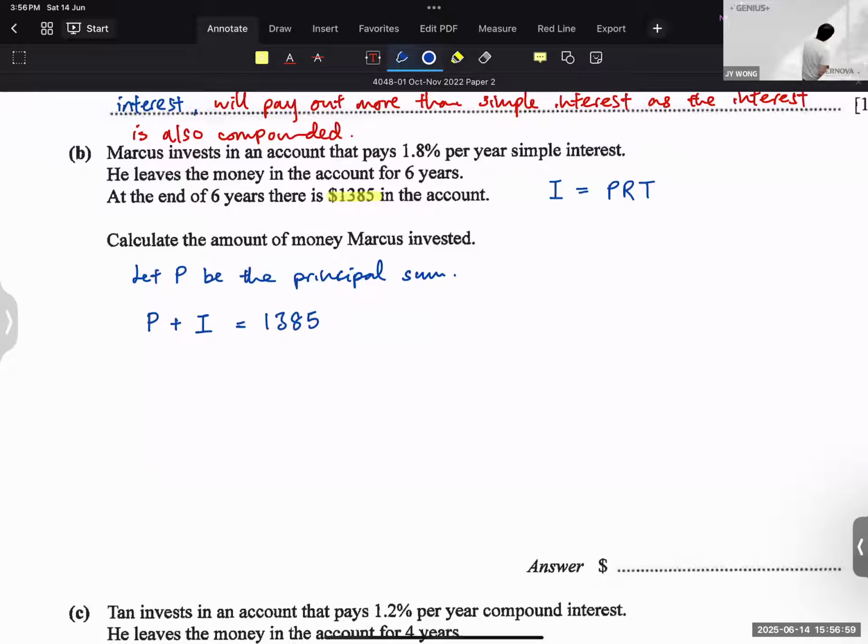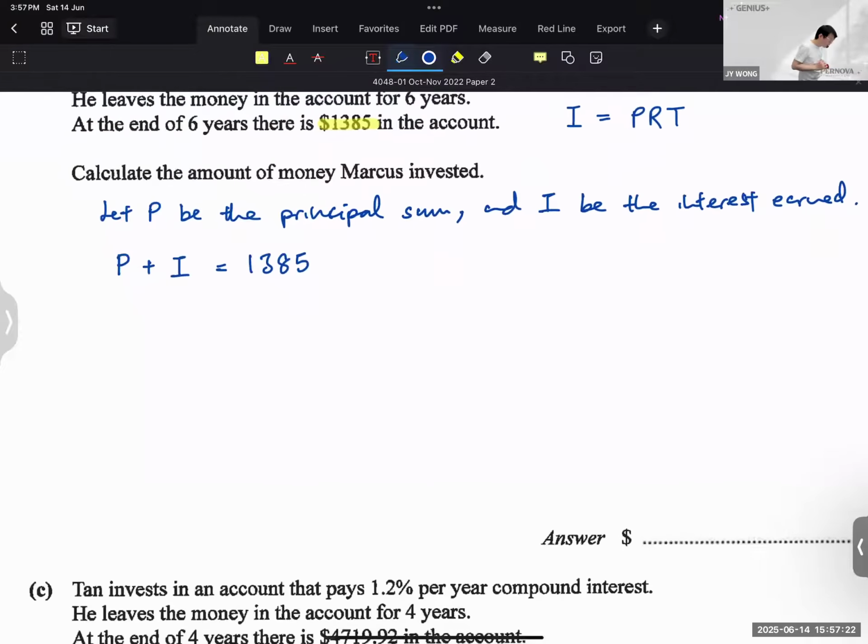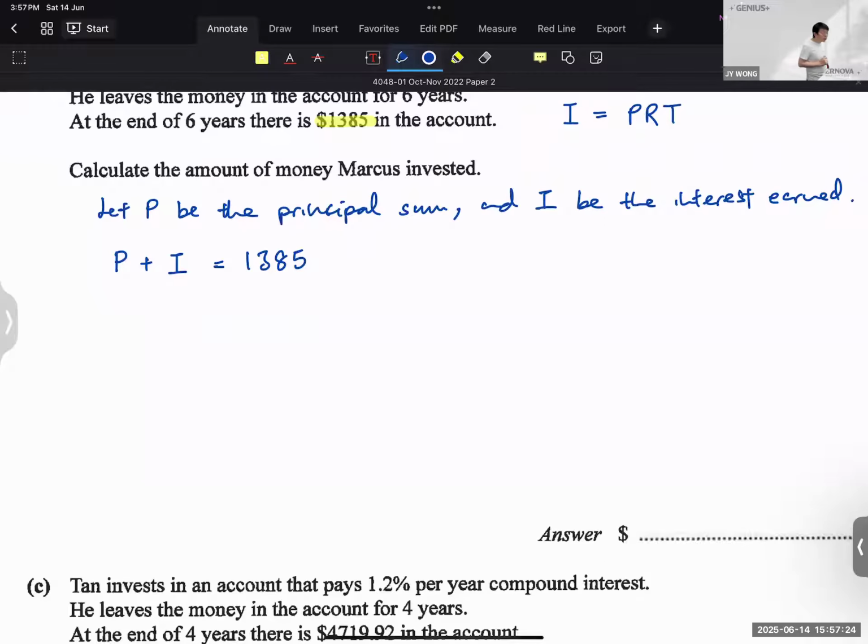Agree? Okay, let P be the principal sum and I be the interest. Be very clear when you're doing your national exam. Don't lose marks of presentation for no reason. So we know P plus I is 1385.